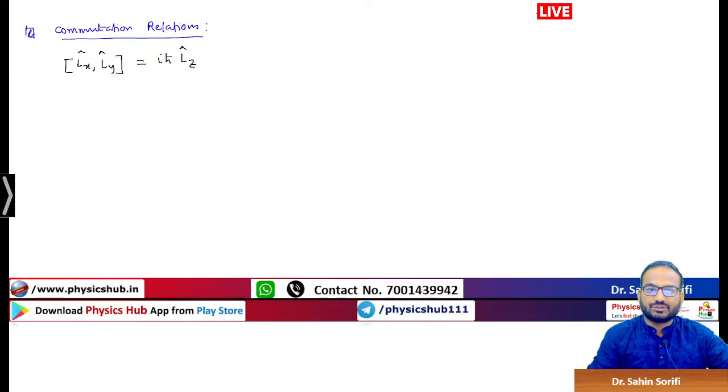So let's talk about the first commutation relation, Lx, Ly. What is the commutation between Lx and Ly? It is equal to i h cut Lz. So we will have a cyclic relation between Lx, Ly and Lz. If you take the commutation between Lx and Ly, you get i h cut Lz.